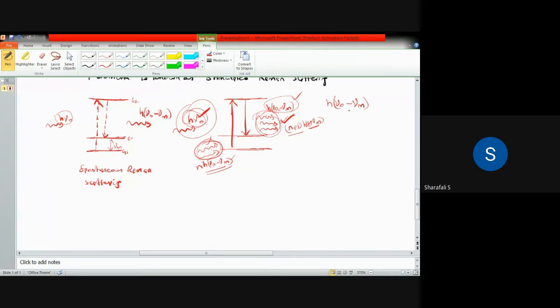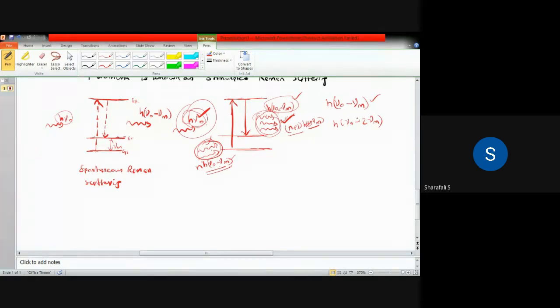And suppose this is the first case, and you get a scattered beam, that is the Stokes line, and these Stokes lines are very intense, unlike the conventional Raman spectra, and that will be enough to produce scattering in the sample, and that will produce h nu 0 minus 2 nu m.